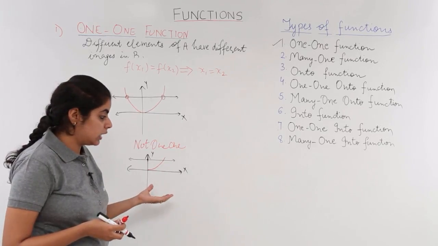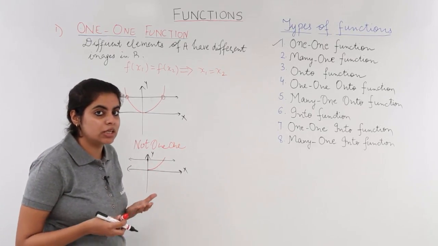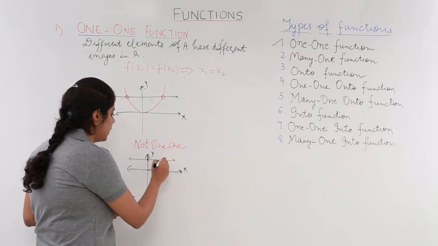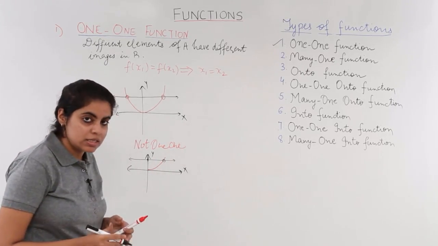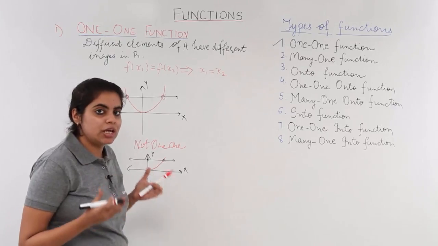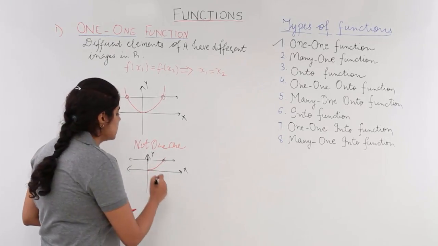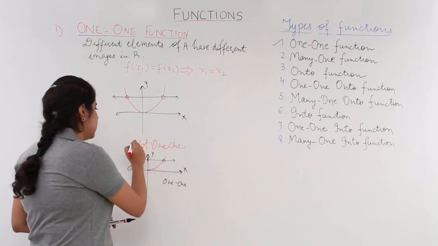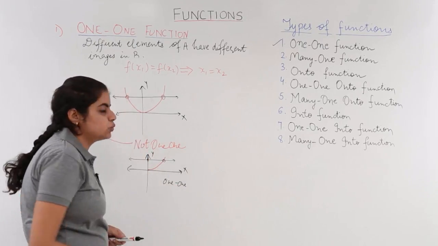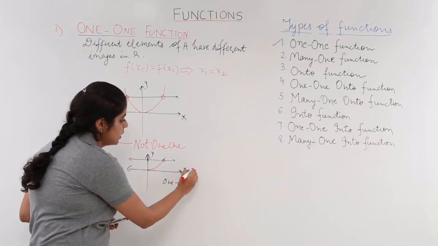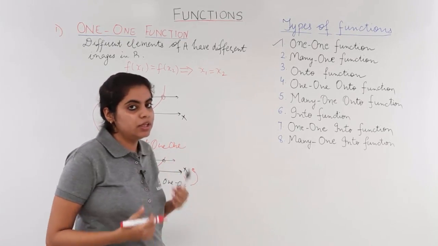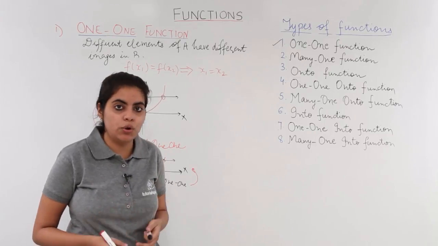Now let's check how many points of intersection there are between that line and the graph. So there is only one point of intersection. Since it is not intersecting at more than one point, this is a one-one function. Now, for a graph, we know how to check whether it is one-one or not.